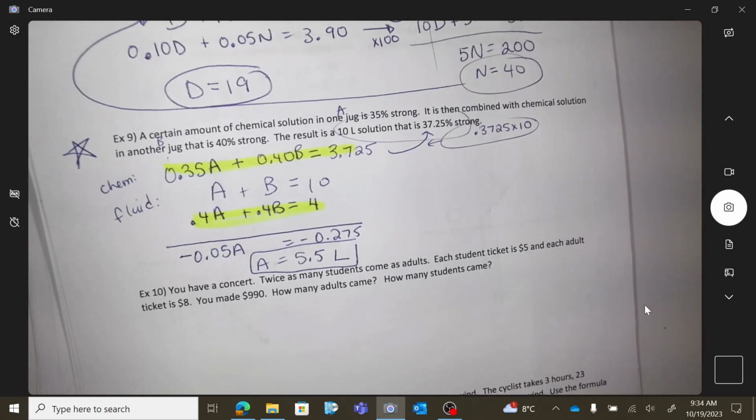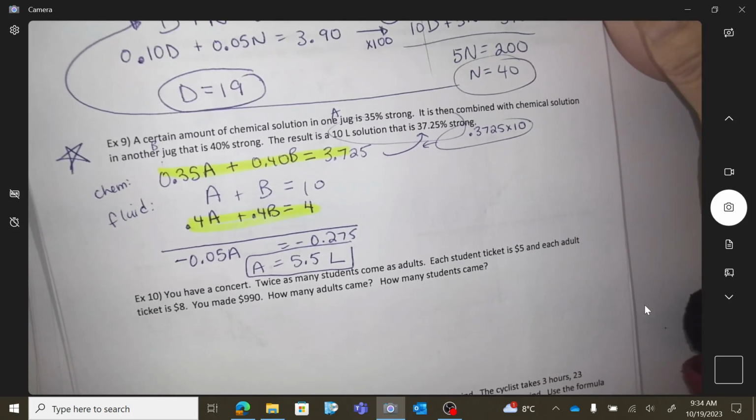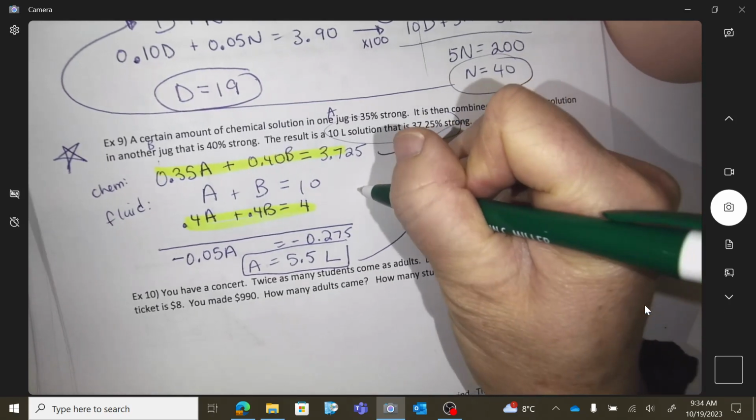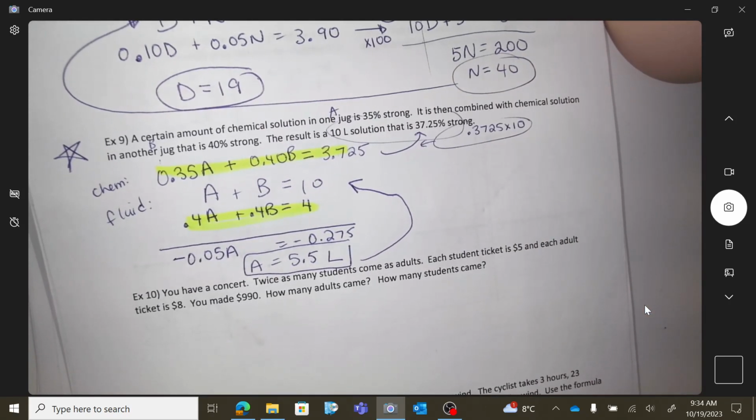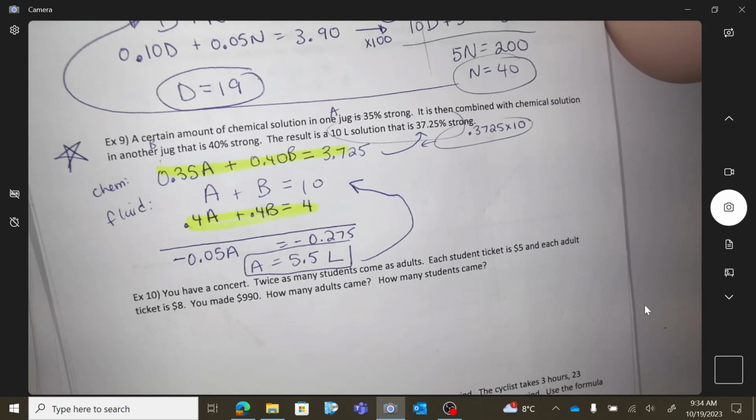We're good? We're matching? No one's yelling at me, so. Okay. Now I'm going to go to the plug-in part. So I'm going to go into that line, and maybe again we could probably do this with mental math. 5.5 plus what gets me up to 10?